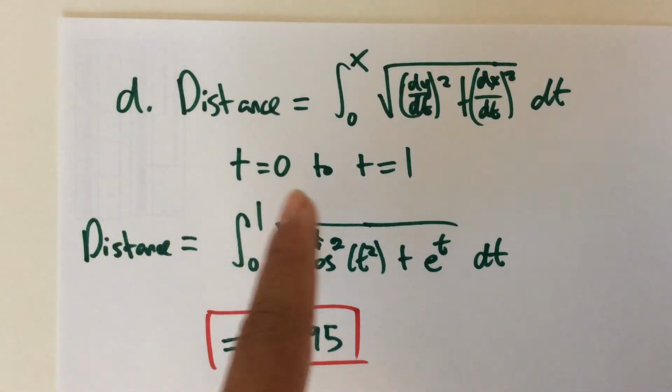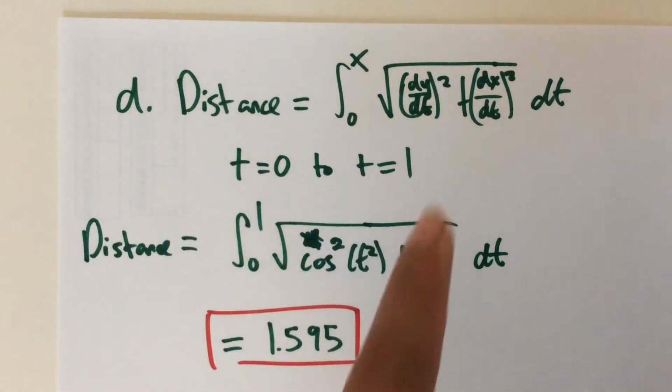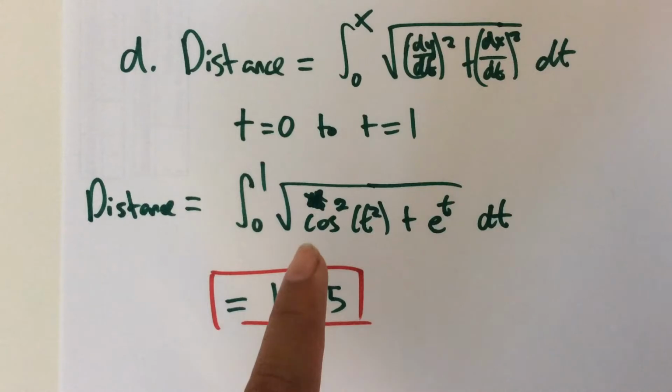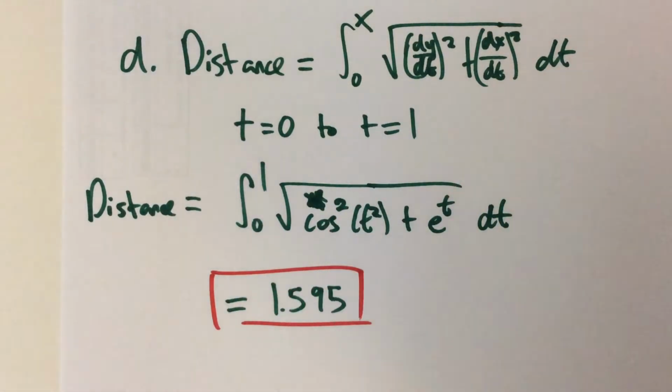Since they said from t equals 0 to t equals 1, we'll plug in the integral from 0 to 1, and again we have our velocity vector, so we'll have the square root of cosine squared of t squared plus e to the t, dt. After you plug this into your calculator and solve, it will give you 1.595.